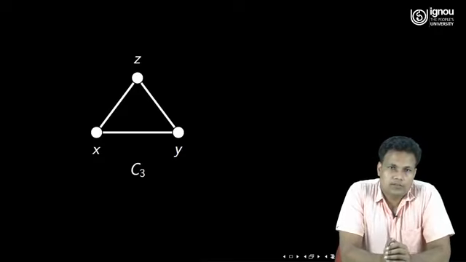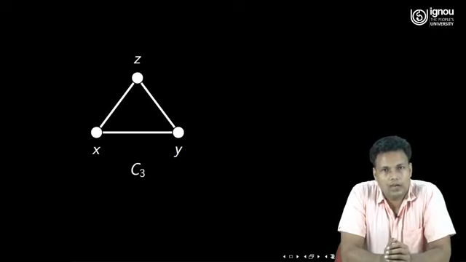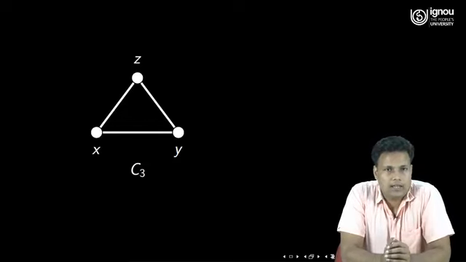Now let's look at this graph. Let's try to find whether it is possible that this graph has two partite sets or not. So suppose we put the vertex x in one partite set, then the vertices y and z cannot be put in this partite set because they are both adjacent to x.